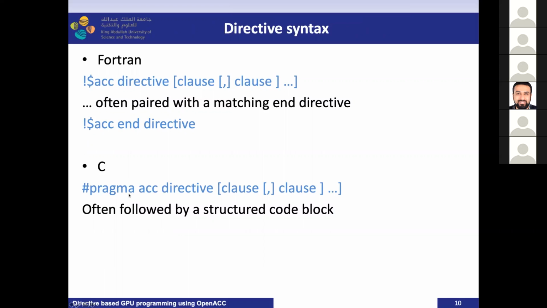Then you use the hash pragma ACC and then the directive name. Optionally you can add clauses. So there are not only directives of OpenACC that you choose from, but also clauses, which are additional annotations that you can add to the line of OpenACC.